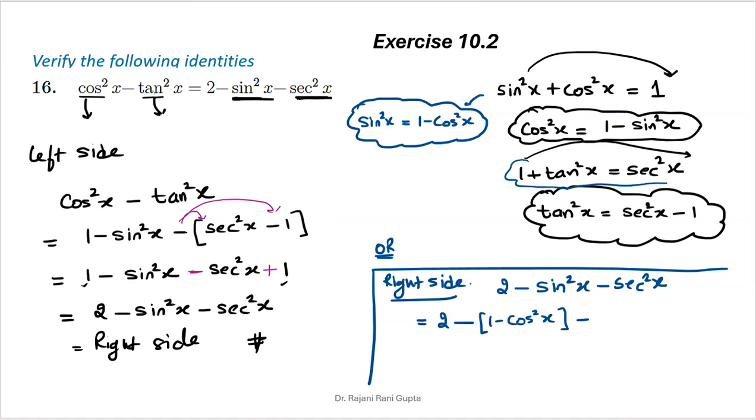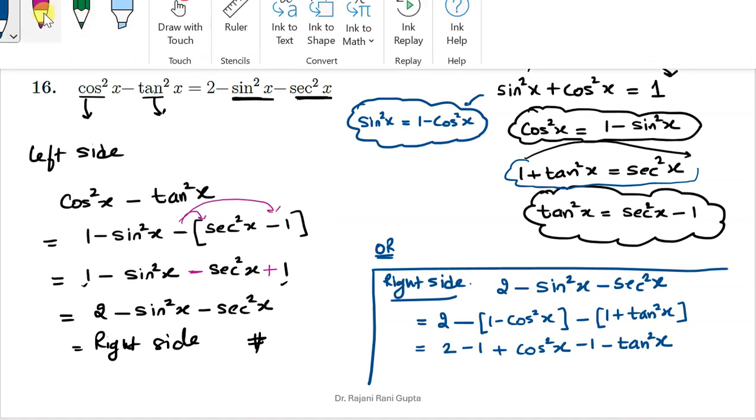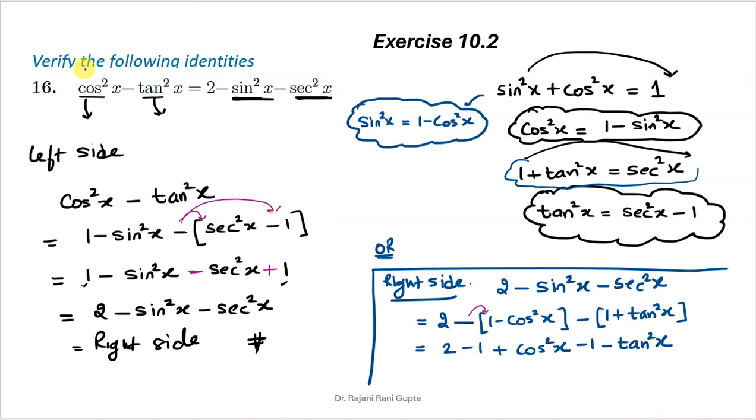I will use this result directly, again in a bracket: (1 plus tan square x). So this gives you 2, distribute this minus sign: minus 1 plus cos square x. Again, distribute this minus sign to both the terms, so you'll have minus 1 minus tan square x. Clear? Because this minus goes here and here, and in the same way, this minus also goes with both the terms.